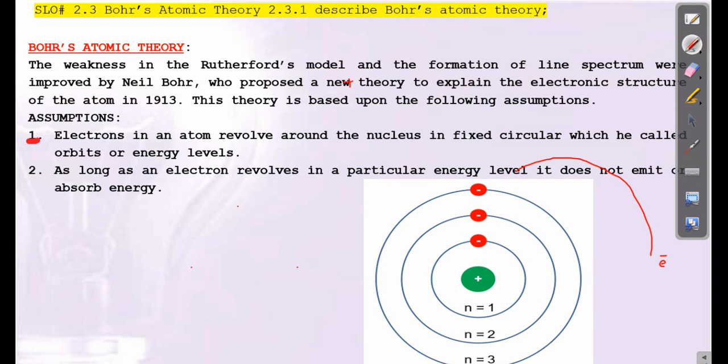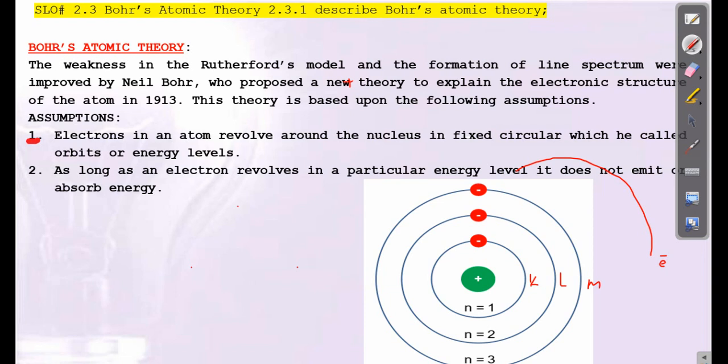He says that when an electron moves in a fixed circular path, these circular paths are the energy levels, and these energy levels are also called orbits as well as shells. The first orbit, which Bohr called the K shell, the second orbit is called the L shell, and the third orbit is called the M shell, K, L, M, N, and so on.